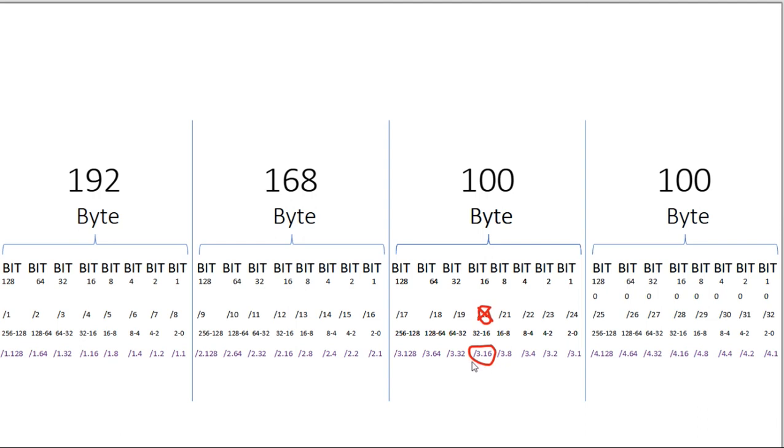We're going to use 3.16. We know immediately it's in the third byte and the subnetwork contains 16 units, right? Okay, so 16 units, all right?